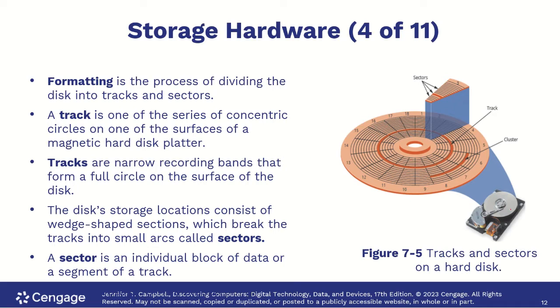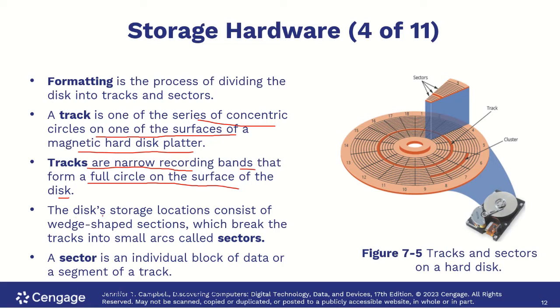Formatting is the process of dividing the disk into tracks and sectors. A track is one of the series of concentric circles on one of the surfaces of a magnetic hard disk platter. Tracks are narrow recording bands that form a full circle on the surface of the disk.